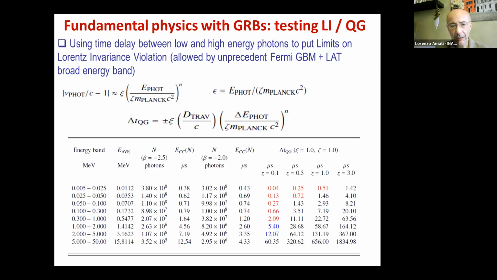You can use, as shown in this formula that you know very well, gamma ray bursts to test the Lorentz invariance and hence to put limits on the quantum gravity mass, because you exploit the delay between low energy and high energy photons.